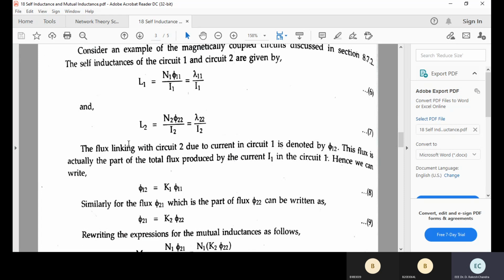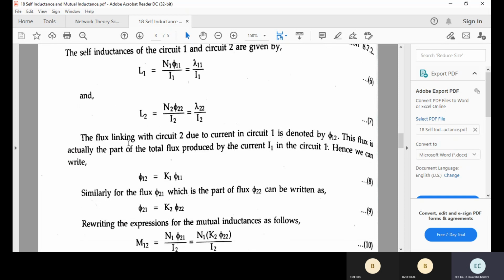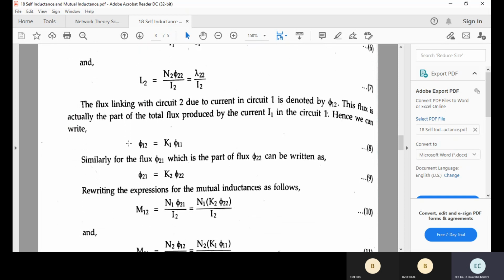So that is phi12, and the factor K1 is the fraction of flux linked to 2 from 1. Similarly, the flux phi21, which is a part of flux phi22, can be written as phi21 equals K2 into phi22. That means the flux linkage from coil 2 to 1 is phi21 equals K2 into phi22.